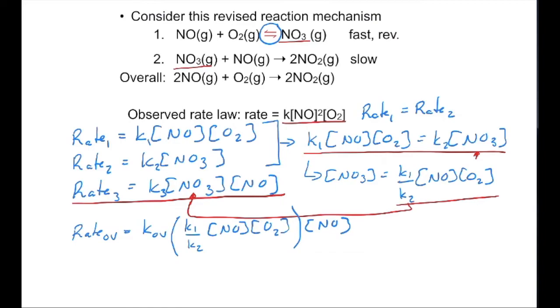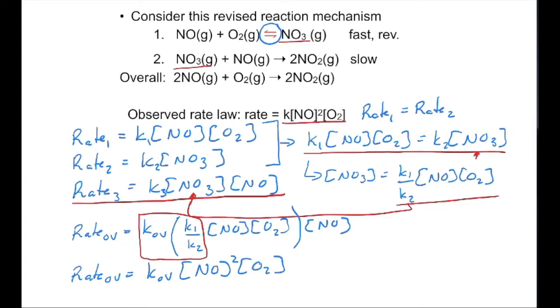Since all of these rate constants are constant, we can consolidate them into one rate constant. So for the final overall rate law, rate overall equals K overall times NO, there's two NOs, so we square that, times O2.